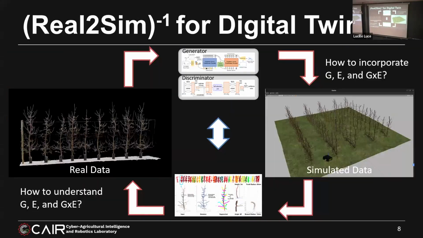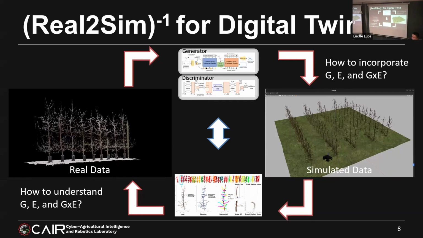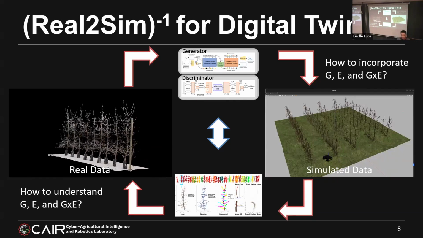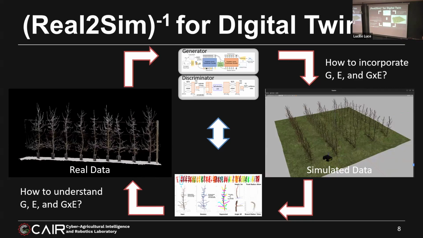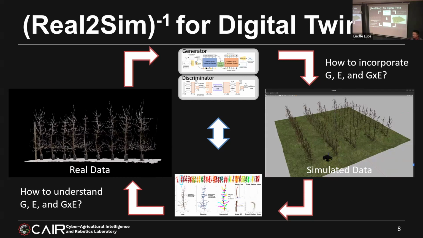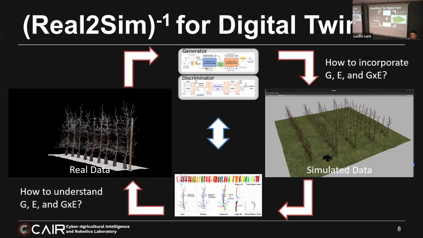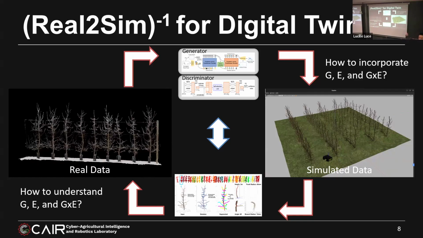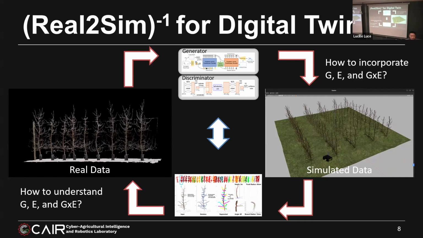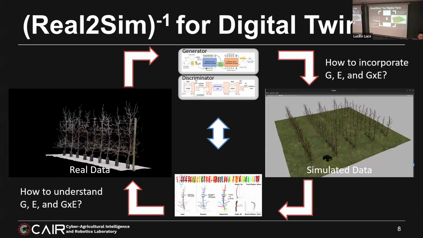So with all this information, what we are working on in progress is called a real-to-sim, sim-to-real closed loop system for digital twin. Digital twin is a concept proposed by NASA about 30 years ago. The whole aim is to foster product development in the digital system, so that later on, when they get into the physical manufacturing process, everything is already there, so they don't need to go through multiple rounds of physical development.